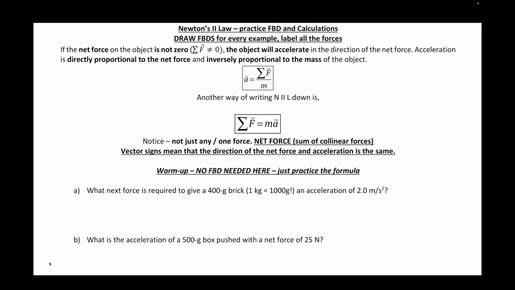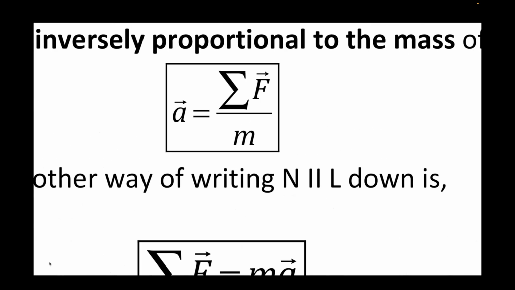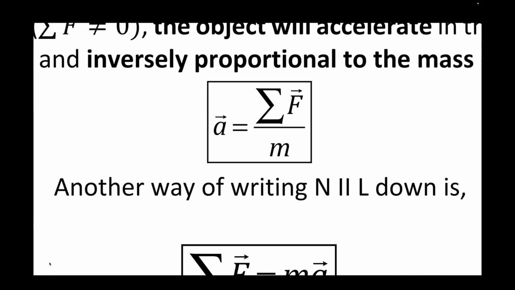The wording of the formula, the way Newton wrote it, goes as follows. You see how he wrote it as a equals. When you have a fraction, whatever is upstairs is directly proportional. So acceleration is directly proportional to the net force. Notice how we have the vector sign here and the vector sign here.